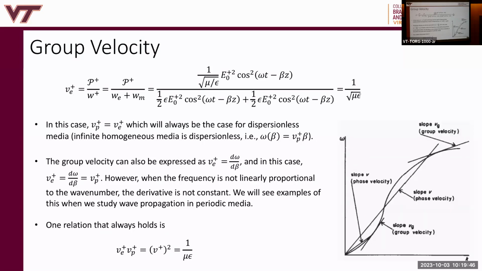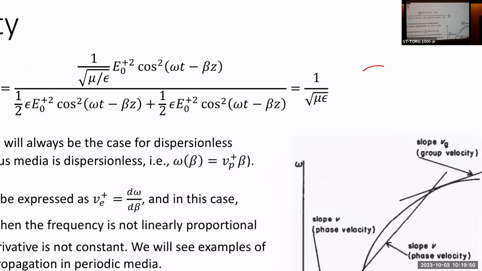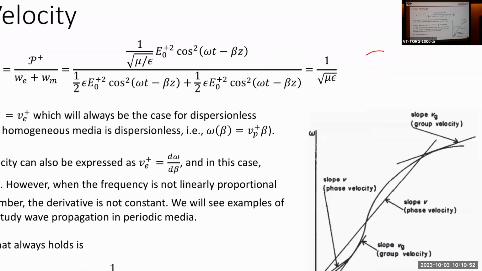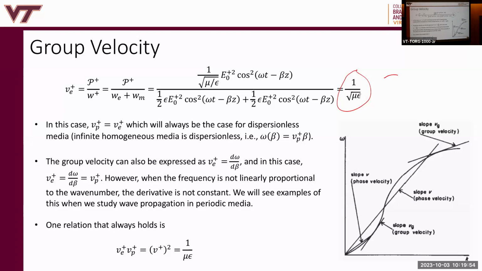But the ratio of P over W total gives you a velocity, 1 over square root of mu epsilon. In this case, that's the same velocity that you get for the phase velocity, right? So Vp is equal to Ve in this case, which will always be the case for dispersionless media, such as an infinite homogeneous medium.